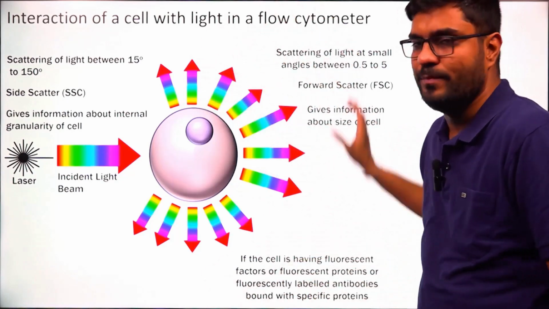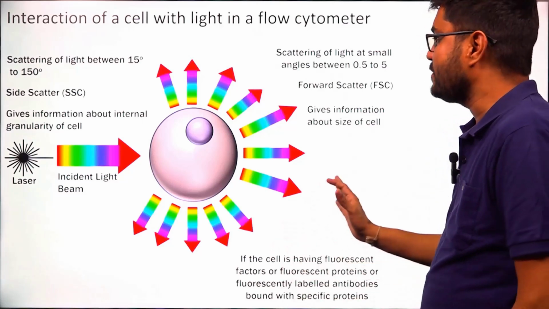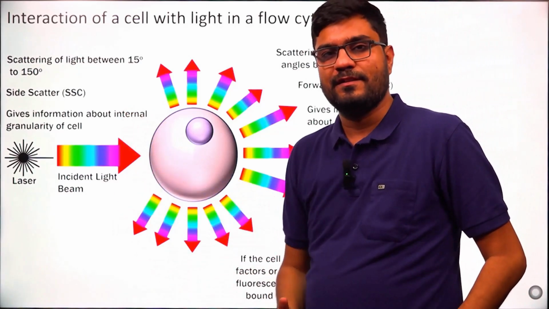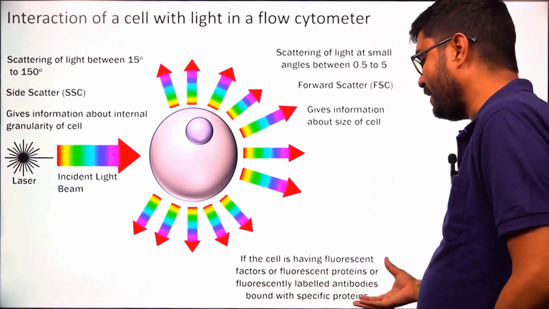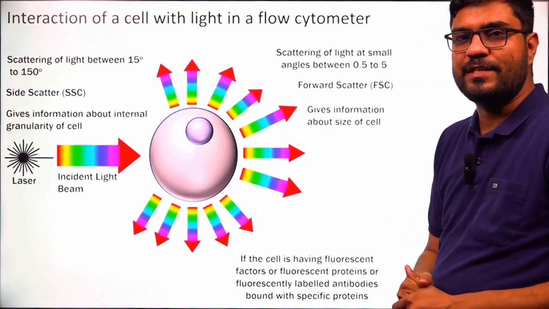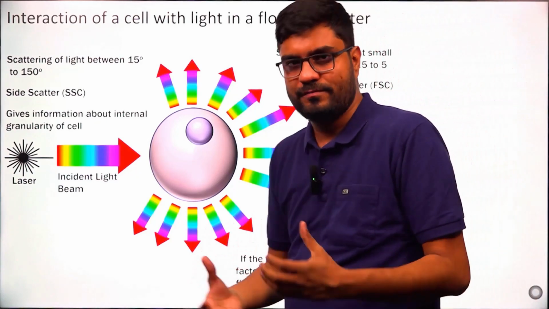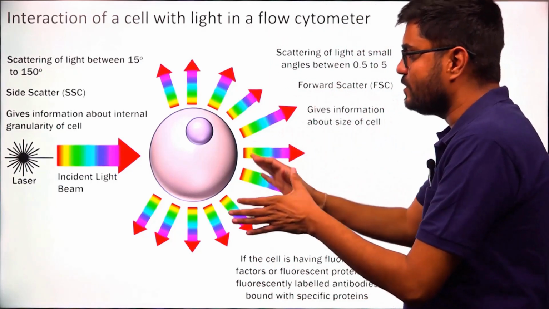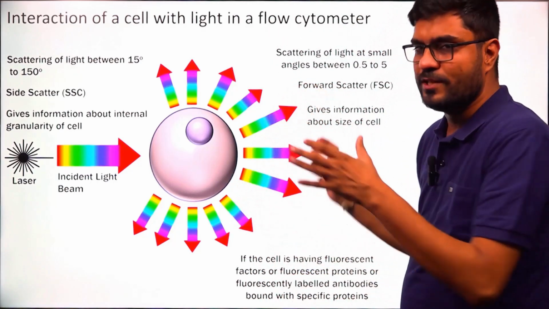So three types of information. First, forward scatter size, side scatter granularity, and finally presence or absence of a fluorescent molecule, right? Now we have understood that we can understand the size, granularity, and fluorescence and how the instrument is working.